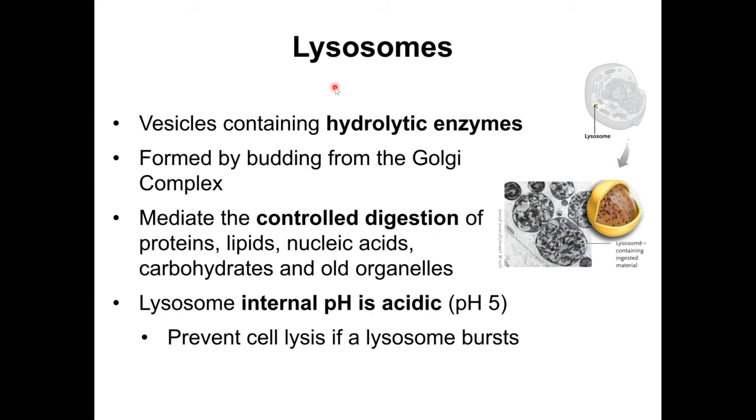These are first-line cells in the immune system that do ingest things like viruses or bacteria too. And basically when they do that, they encapsulate this material inside a vesicle. So for example, a bacterium that was outside will get encapsulated inside a membrane, which then finds itself inside the cell, the macrophage.